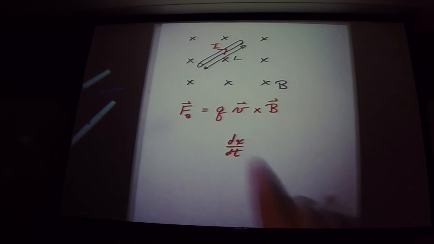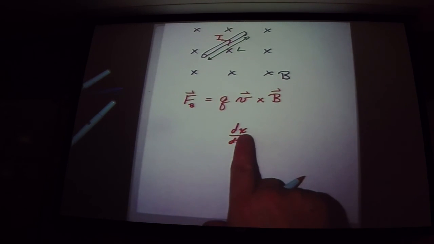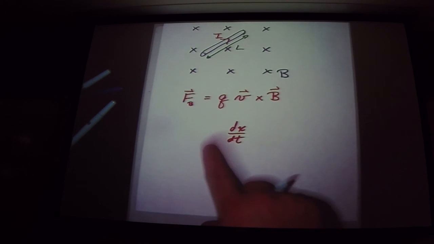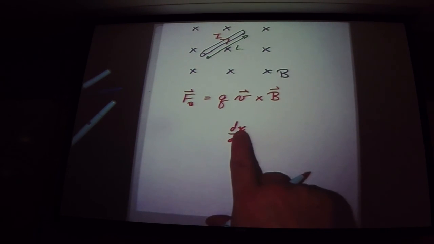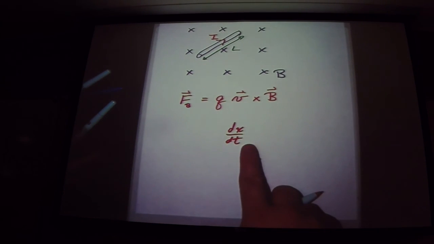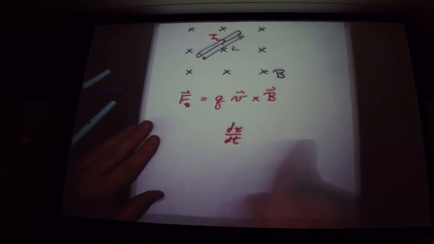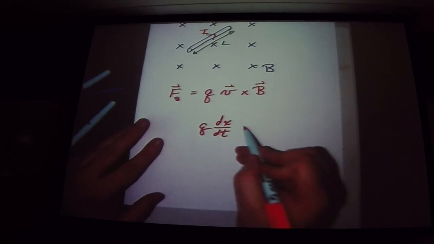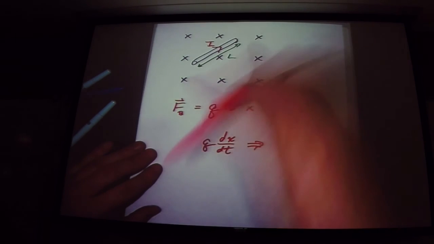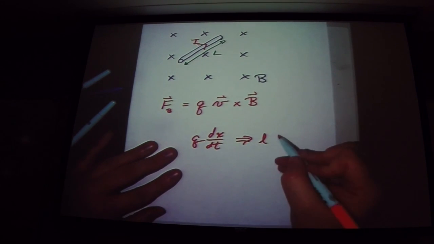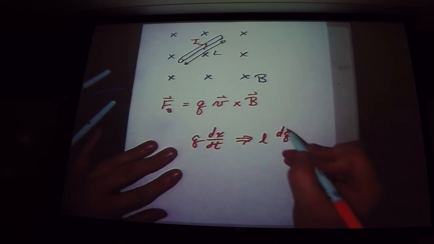So we take the length as some constant, and instead of moving the distance, we move the charge. In other words, we switch things up: this is Q dx dt, and we switch to the length multiplied by dq dt.